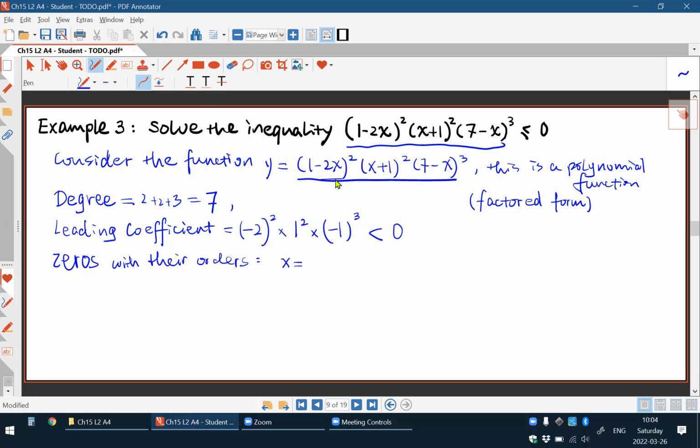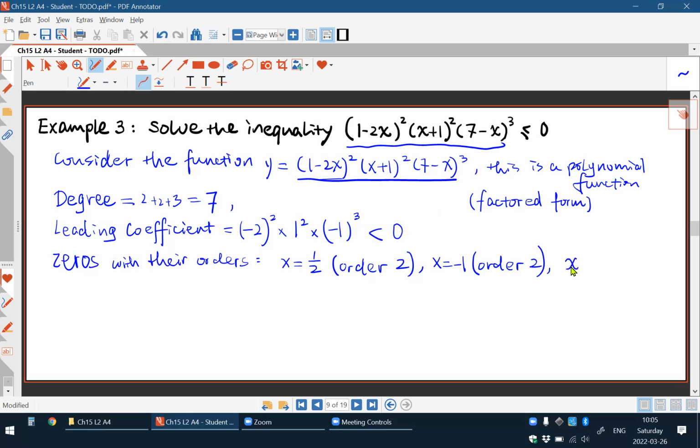First, we have zero at 1/2. Orders means how many times this binomial repeats. It repeated twice, so the order for x equals 1/2 is 2. Next one is x equals -1. Again, it's repeated twice, so the order is 2 as well.